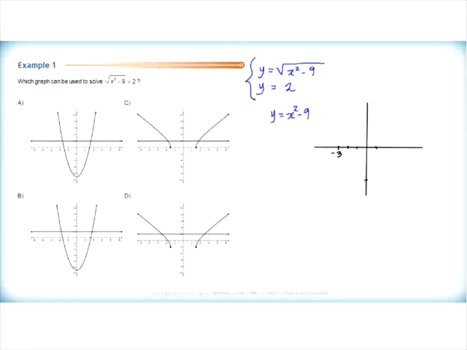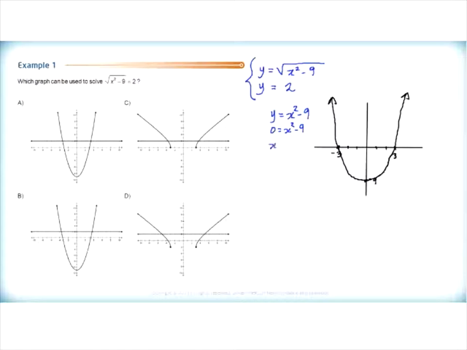The x-intercepts of this graph will occur at 3 and -3. So we can have the graph of the parabola as follows. We have to remember that the x-intercepts occur for values of y that are equal to 0.